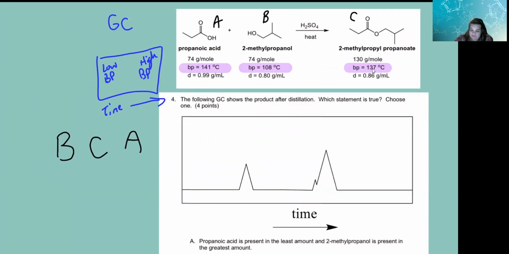That's the key term. This is the product after distillation. When you reach the distillation step, who should be pretty much gone? A, B, or C?